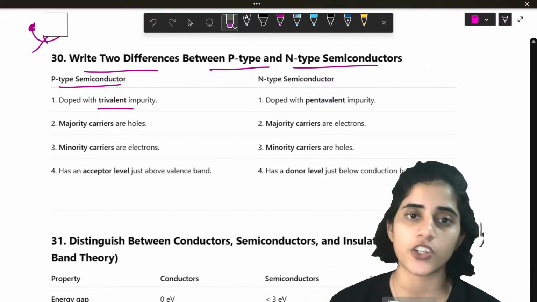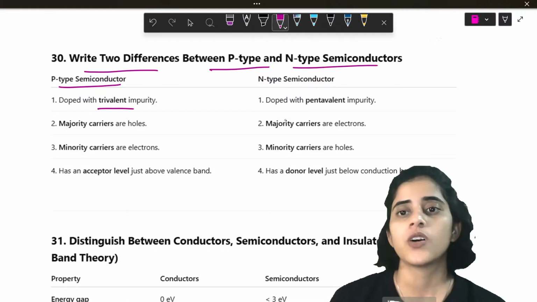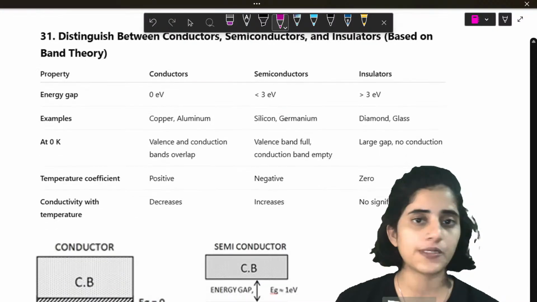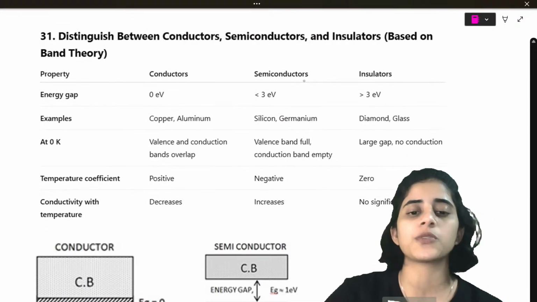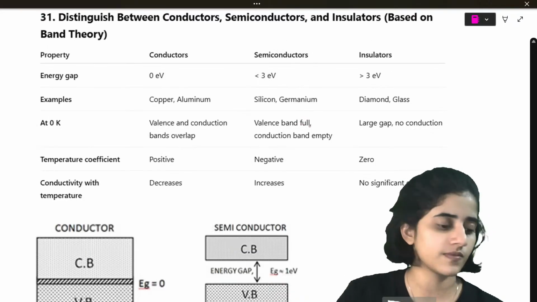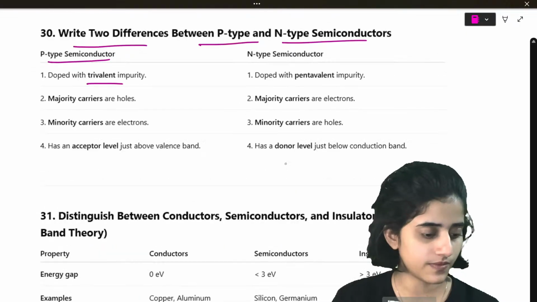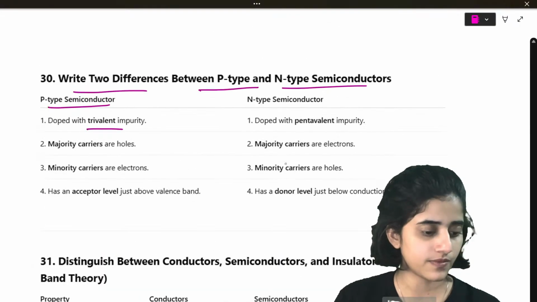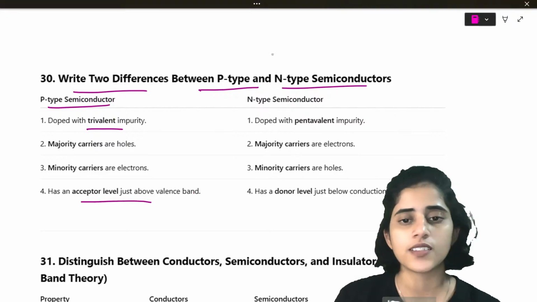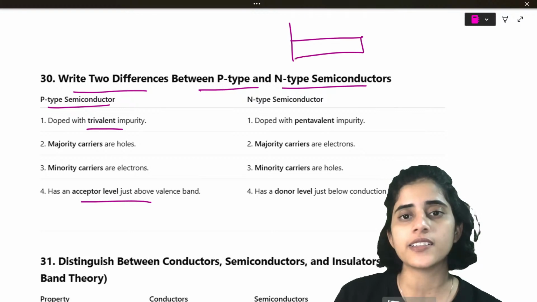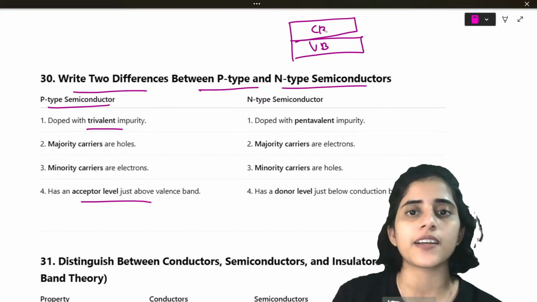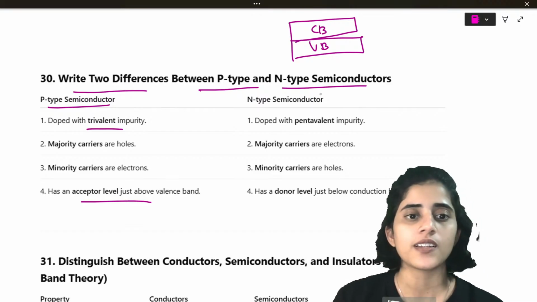Next is distinguishing between conductors, semiconductors, and insulators. These semiconductors have a valence band and a conduction band.